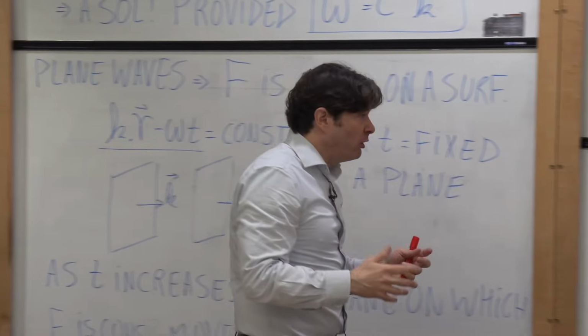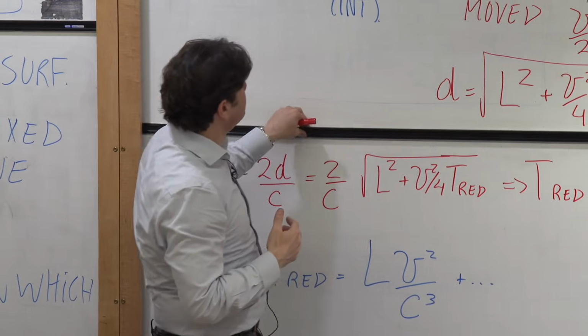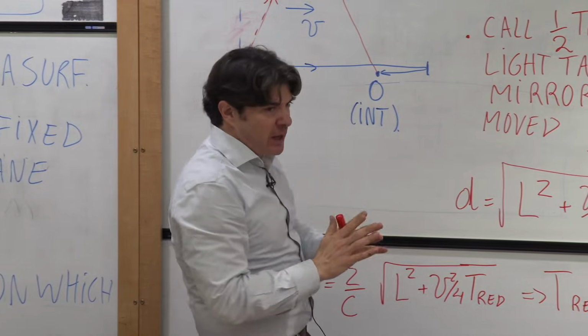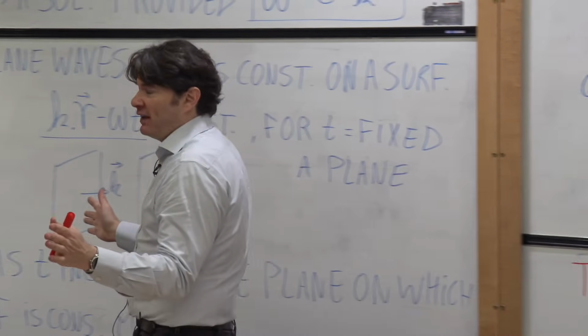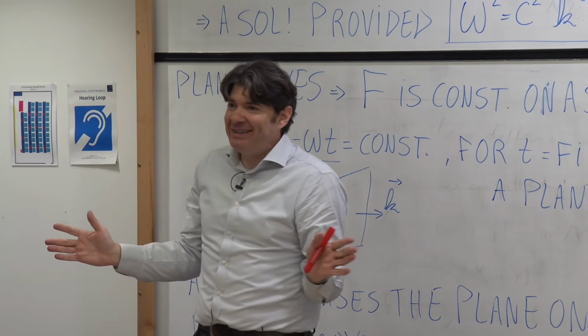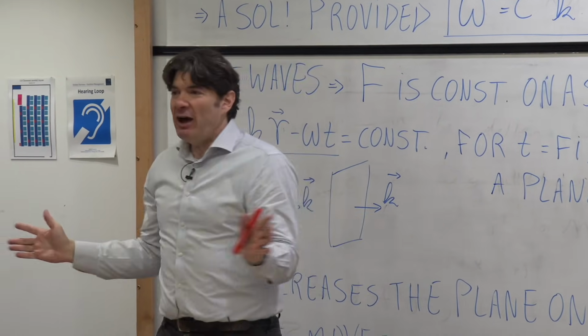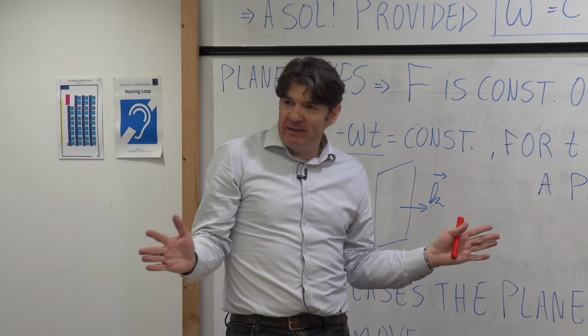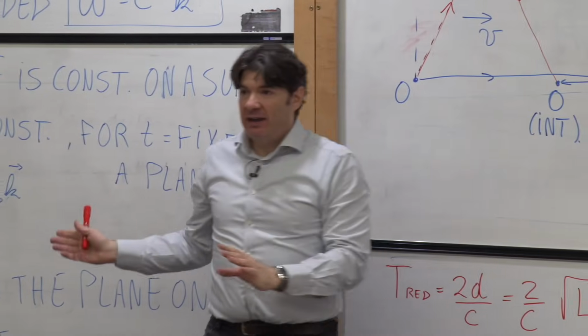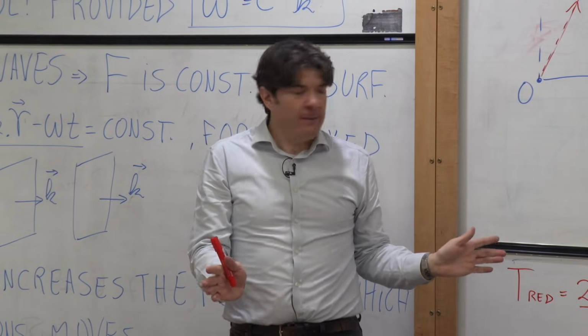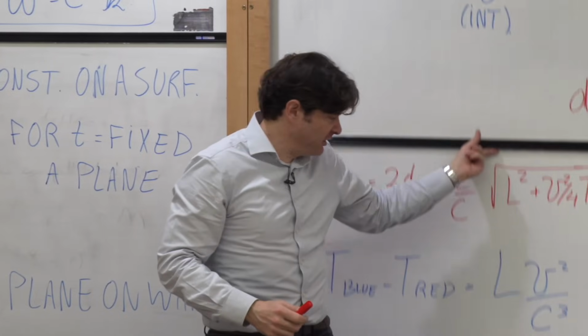And furthermore, what they did was they did the experiment. They basically didn't see any difference, and then they started rotating the experiment. Now, when you rotate the experiment, the roles of blue and red get exchanged, okay? And you should see a sign here.